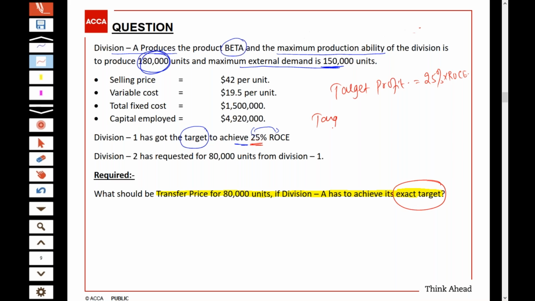Okay, so now what is the capital figure? 4920. 25% of 4,920,000. What is the target profit?